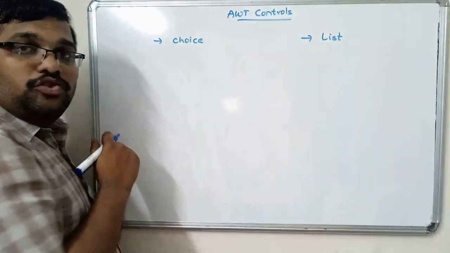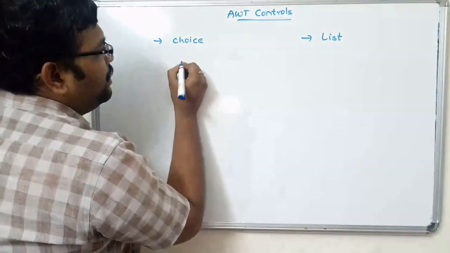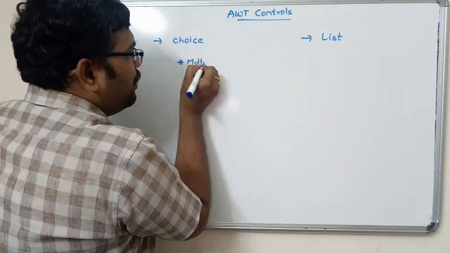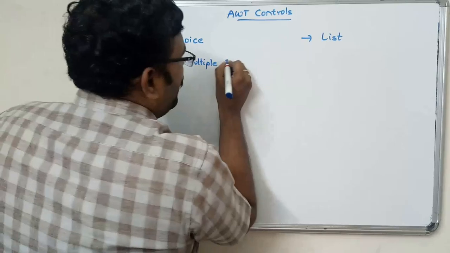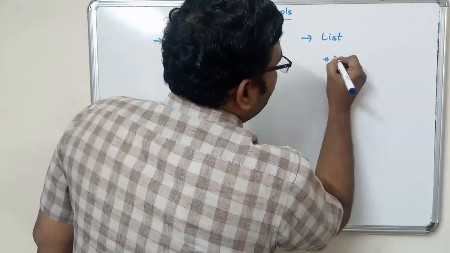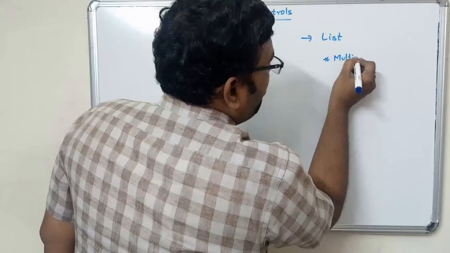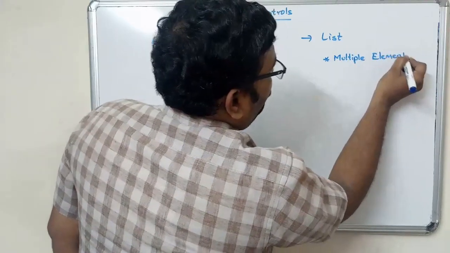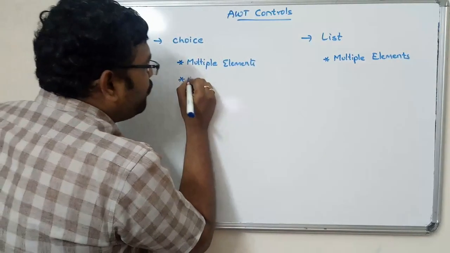Choice accepts multiple elements, and list also accepts multiple elements. Choice is a drop down menu.